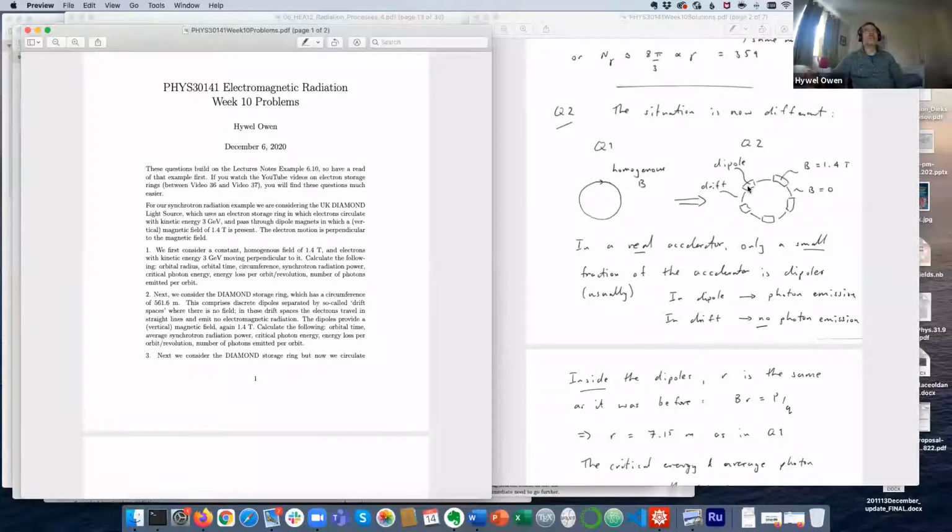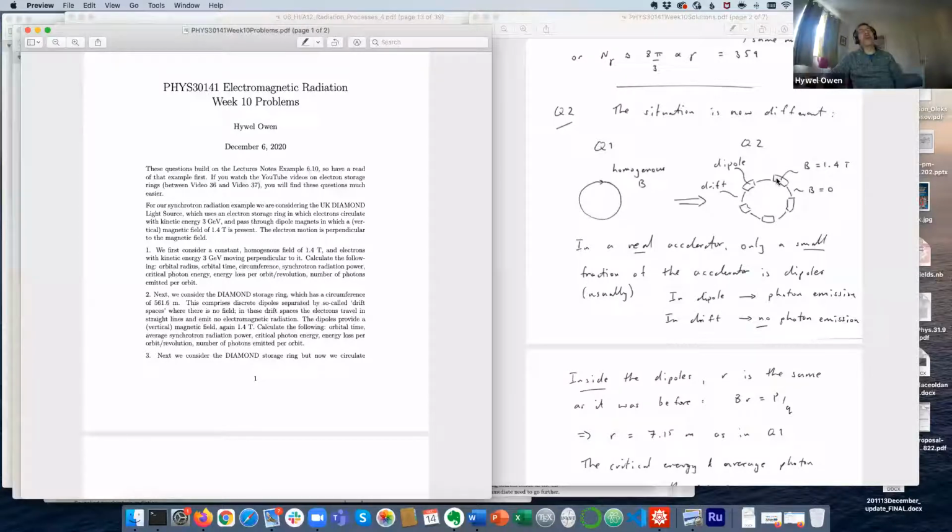In between one dipole and the next, there is a region where there is no magnetic field. This is called a drift space because the particles are not experiencing any force, so they simply drift from one dipole to the next. I know it's indicated in this cartoon picture that there's some curved path, but of course, the electrons must be traveling in a straight line from one dipole to the other.